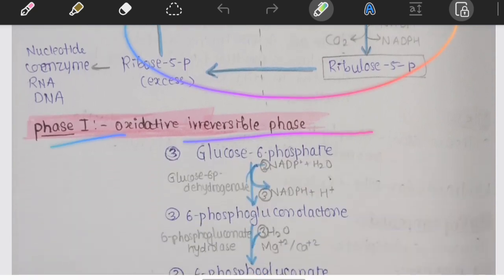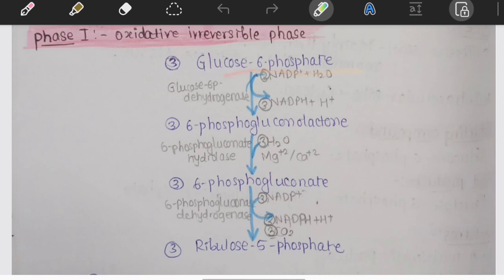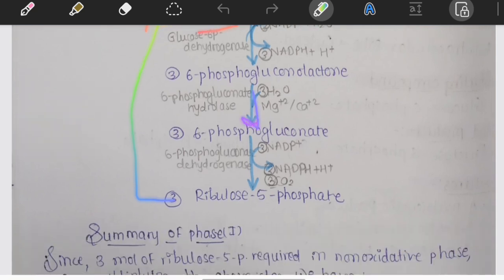First is the oxidative irreversible phase. First, glucose 6-phosphate is converted into 6-phosphogluconolactone. This is a difficult name, but remember 6-phosphogluconolactone. 3 molecules of it lead to the formation of 6-phosphogluconate, and then finally ribose 5-phosphate.